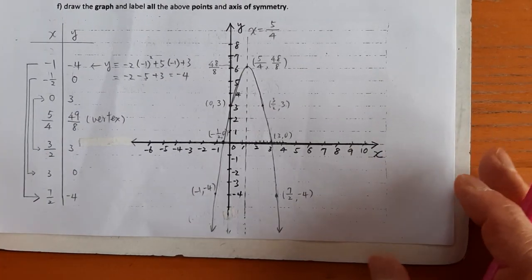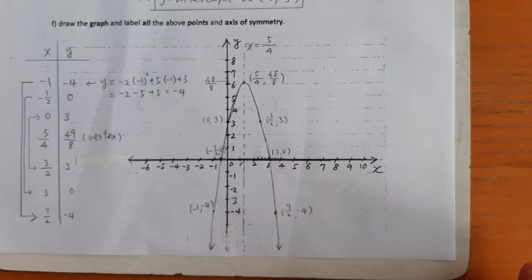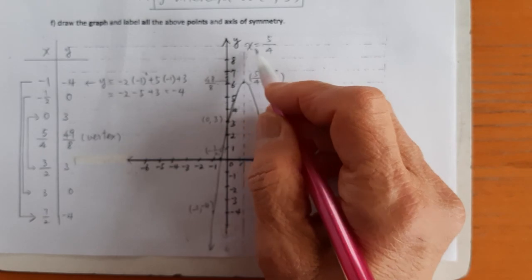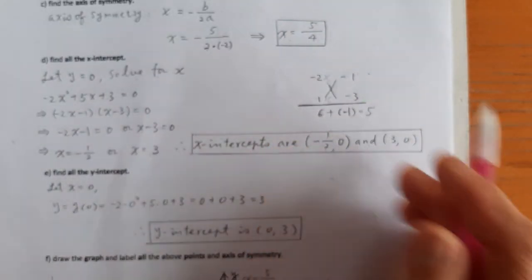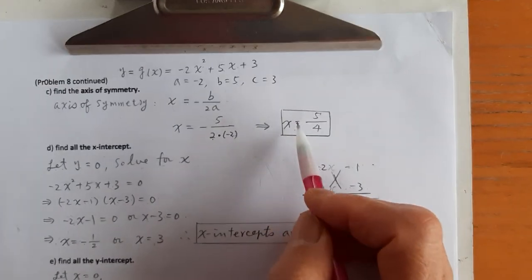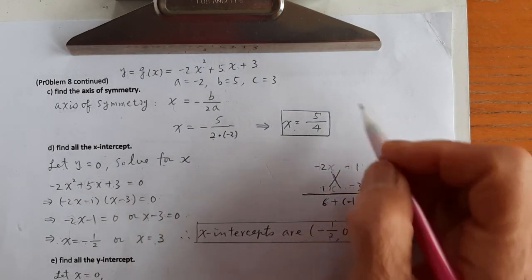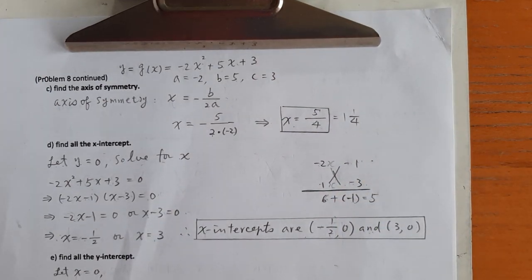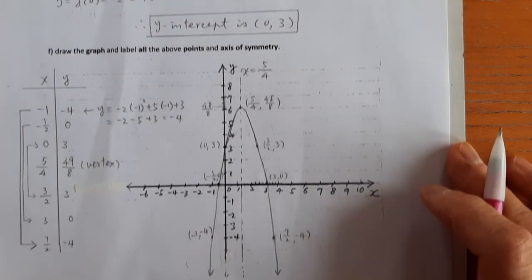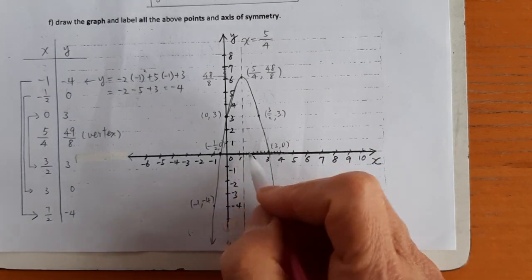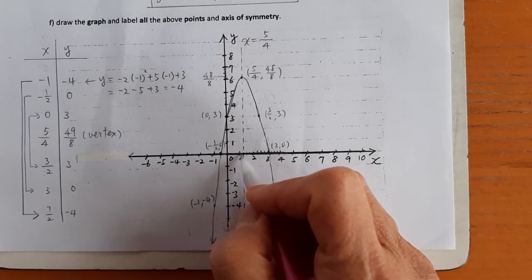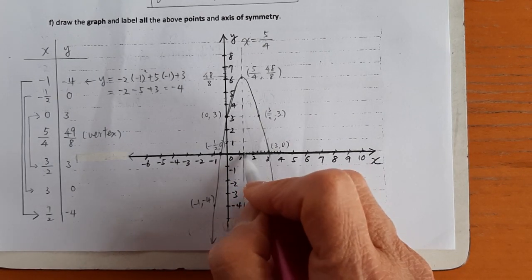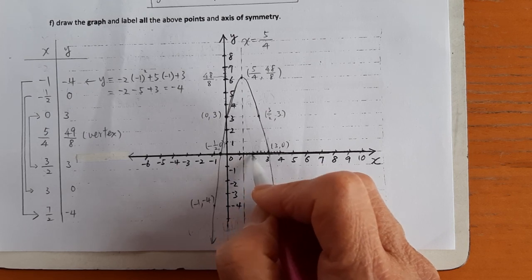This is the graph. First of all, the axis of symmetry, x equals 5 over 4, which is 1 and 1/4. So you partition between 1 and 2 into 4 parts: 1, 2, 3, 4.